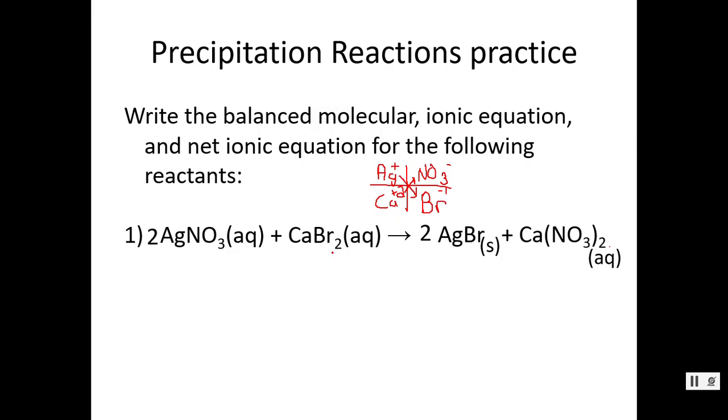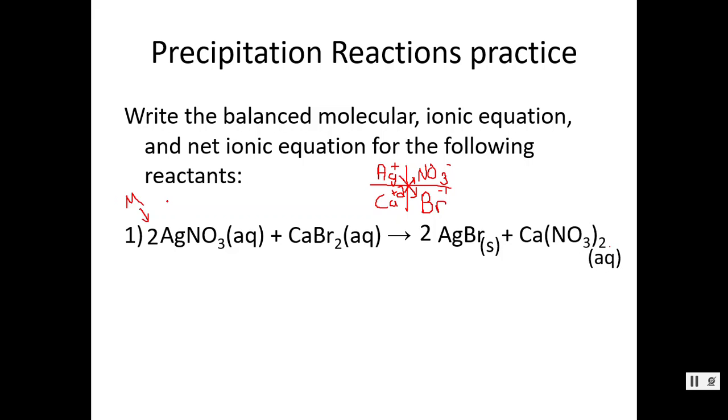And that works out great because, hey, on my reactant side, I have 2 bromines. So what we've just finished is the molecular equation for this double displacement reaction that is also a precipitation reaction because we formed a solid from 2 aqueous compounds.